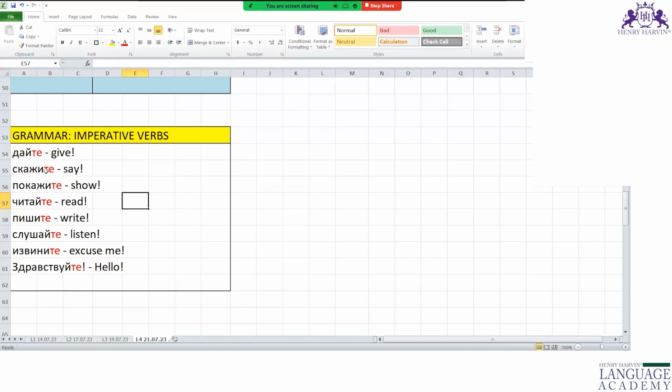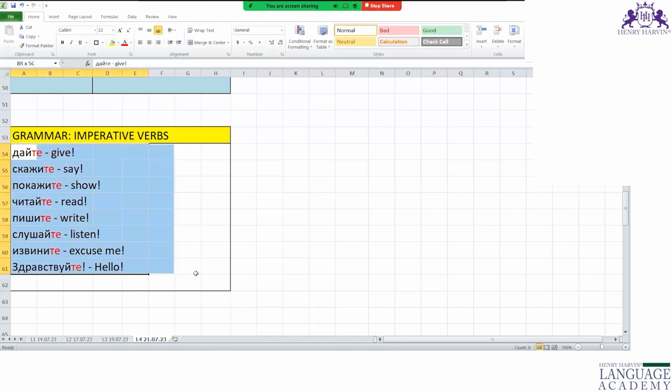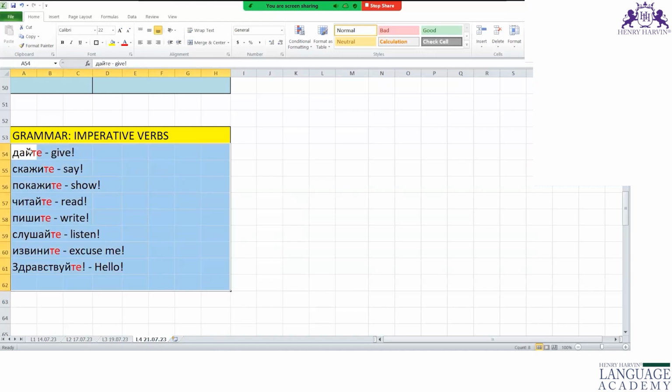And you have the same grammar in Hindi, I know, like do and dijiye. So дай, дайте. The longer one is always more polite. That is it, nothing is so difficult. Just remember the verbs: дайте, скажите, покажите, читайте, пишите, слушайте, извините, здравствуйте.